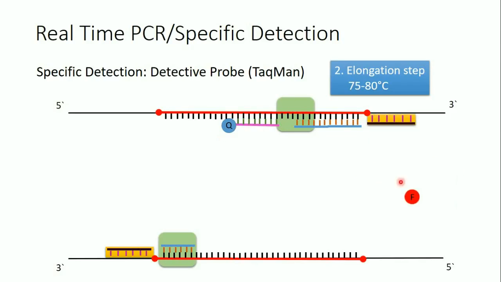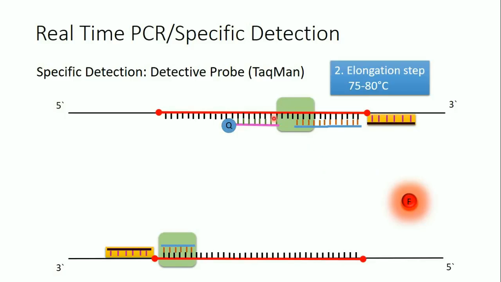Now, when the fluorophore is degraded from the probe, it's not close anymore to the quencher, and so the quencher cannot absorb the fluorescence coming off the fluorophore anymore. At this point, we can see the fluorescence coming out of the fluorophore, because the quencher cannot inhibit the fluorophore anymore. The quencher cannot absorb the light coming out of the fluorophore anymore.